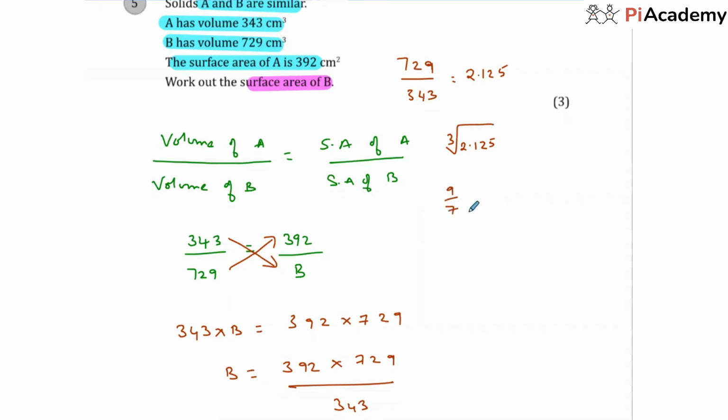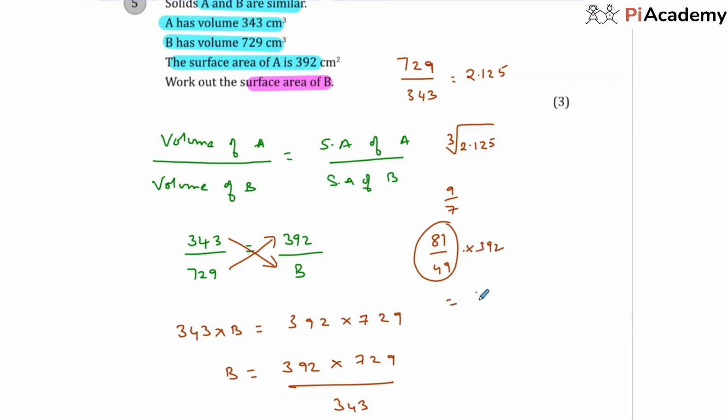We're using the surface area, so we need the area scale factor. We square that, which gives us 81/49. That's the area scale factor. So we multiply that by 392. Yes, 392. And that gives 648, I think.